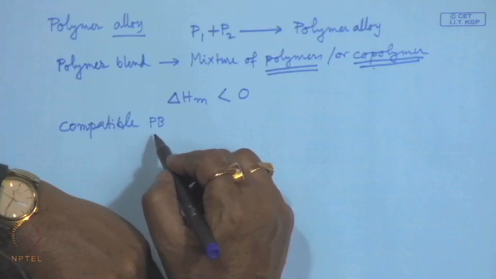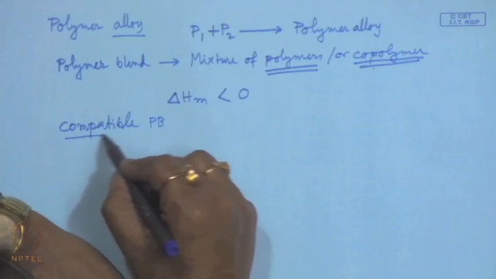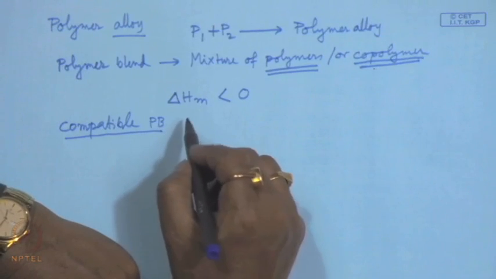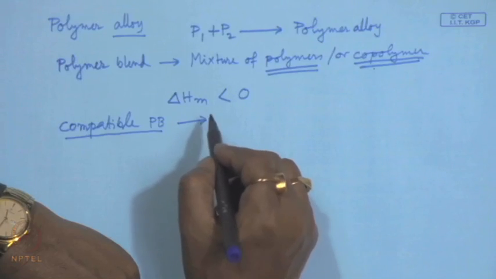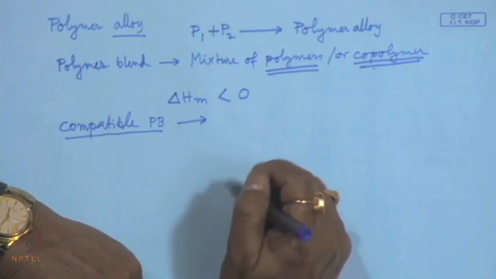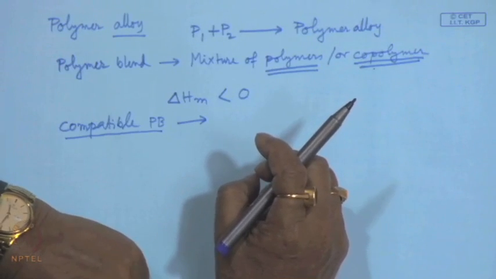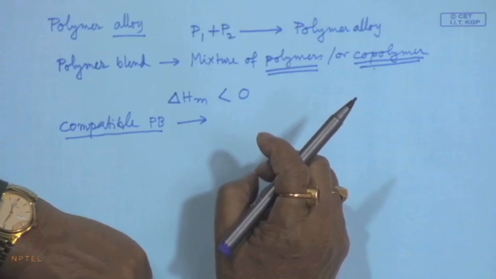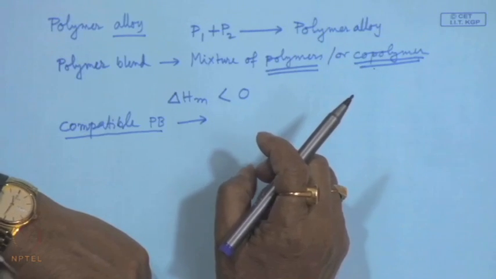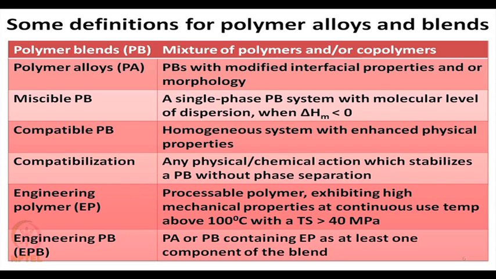That leads to a compatible polyblend, and it can be considered as a homogeneous system with enhanced physical properties, intimately mixed, molecularly mixed to form a homogeneous mixture.